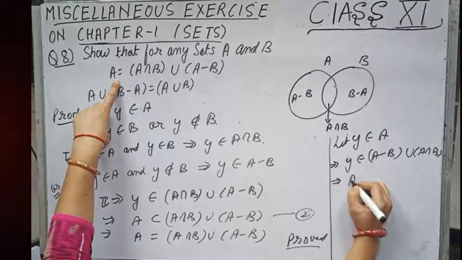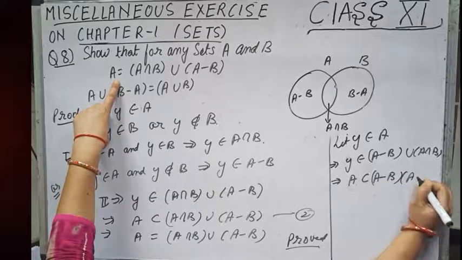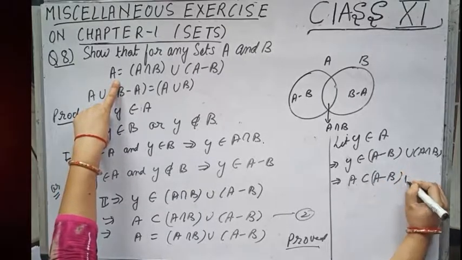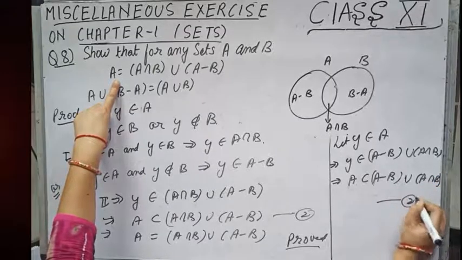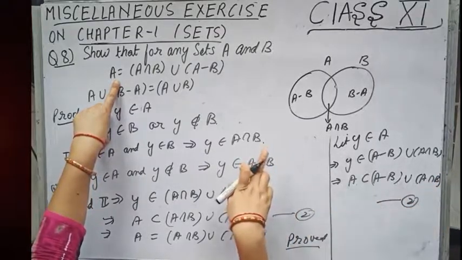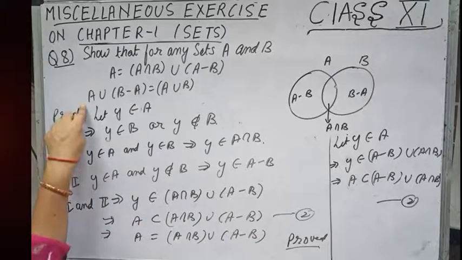This implies A is a subset of A minus B union A intersection B. Make this equation number 2 and that equation number 1. Combining those we get A equals A intersection B union A minus B. Now let us move to the second part.